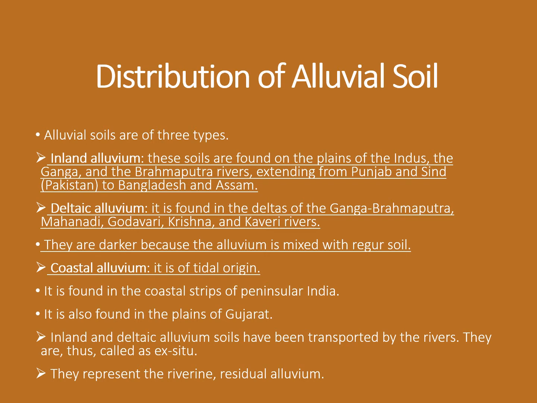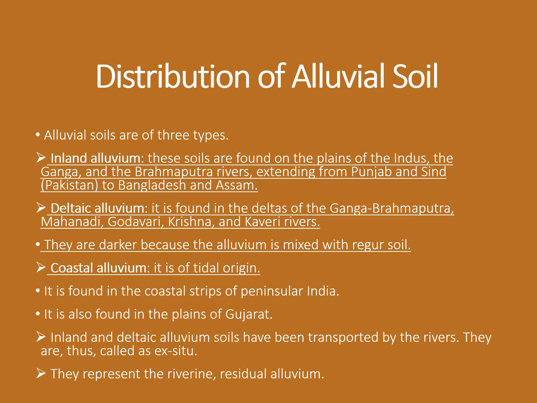Punjab, Haryana, Uttarakhand, Uttar Pradesh, Bihar, West Bengal have alluvial soil. These soils also cover a part of Gujarat and a few patches in Rajasthan.